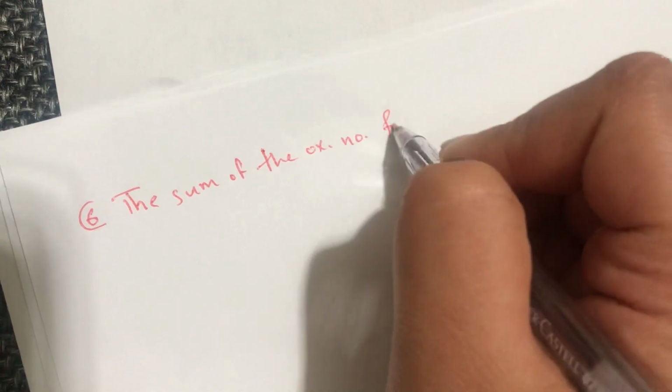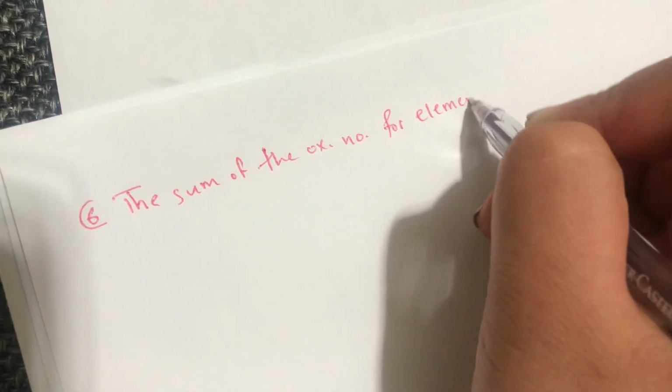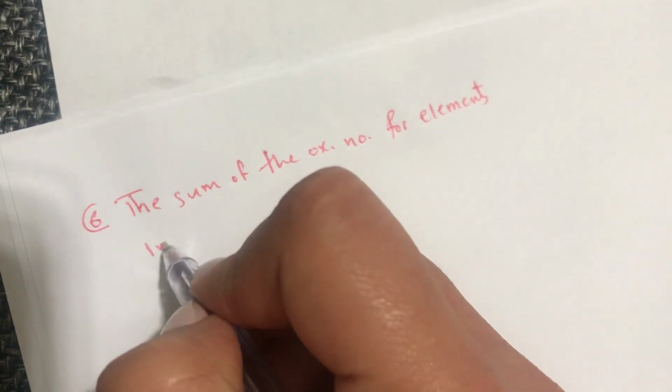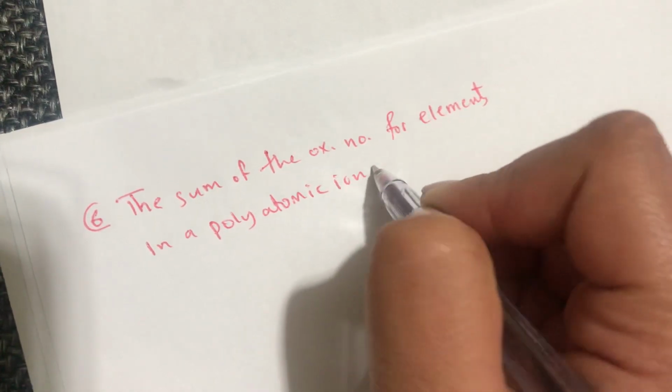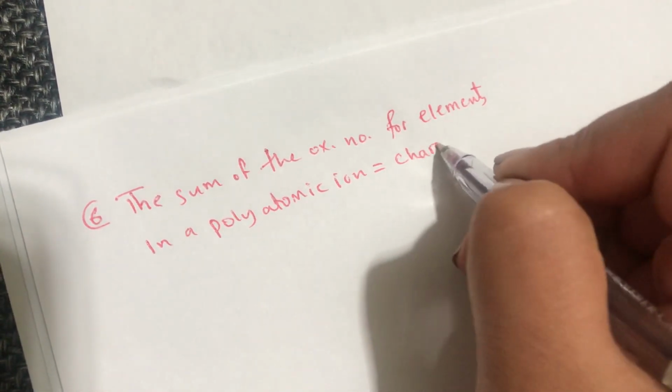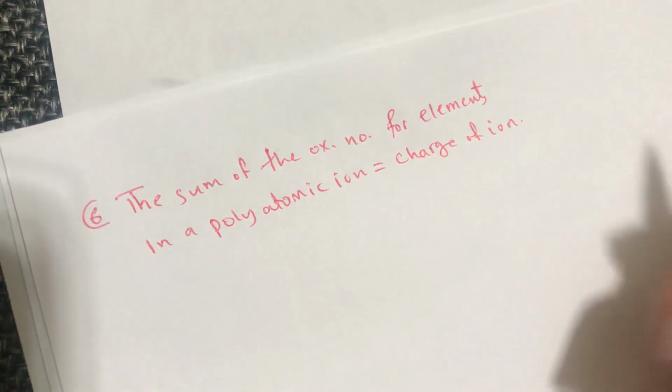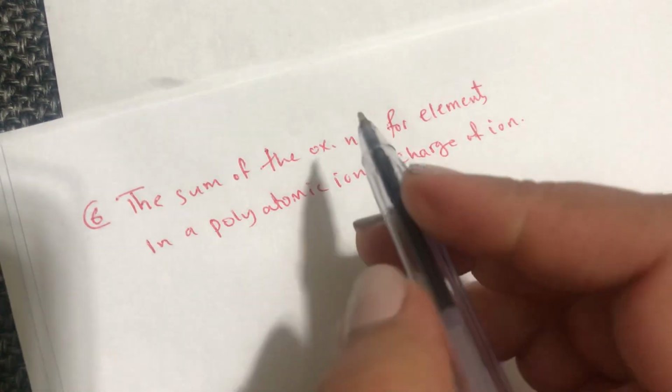Rule number 6. The sum of the oxidation numbers for elements in a polyatomic ion equals the charge of the ion.